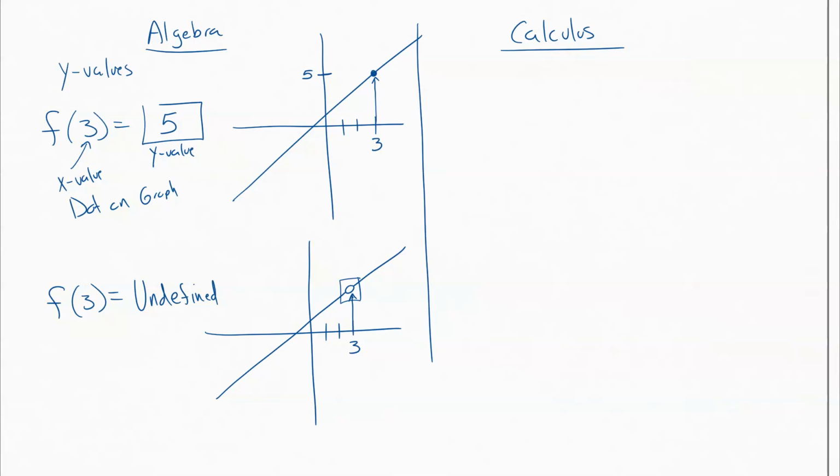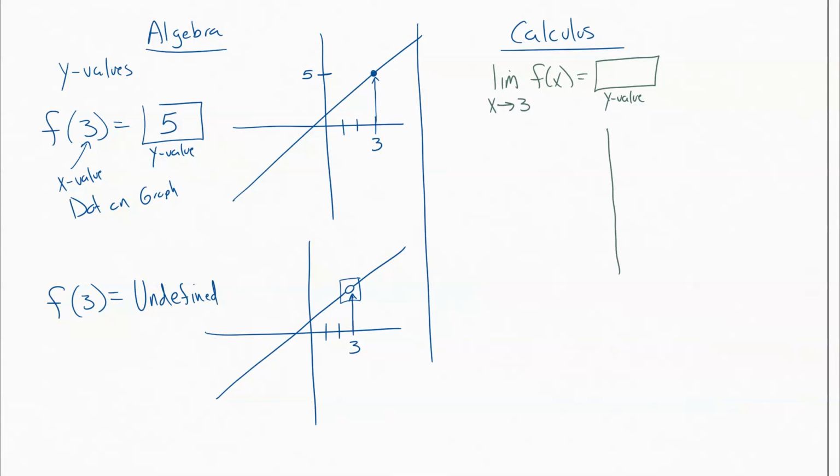So calculus comes along and it introduces us to this new idea of a limit. And so you get notation that looks now like limit as x approaches 3. So again, we're talking about an x value there of some equation. And again, what we're looking to find here is a y value. Well, the cool thing about limits is they just want to know what does it look like you're headed towards.